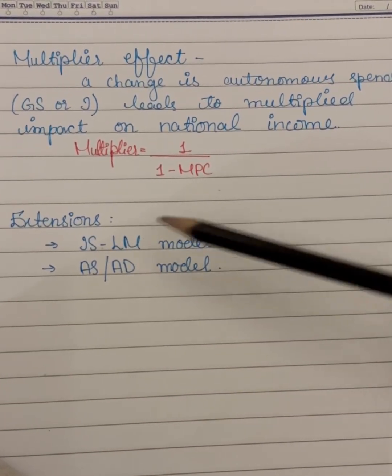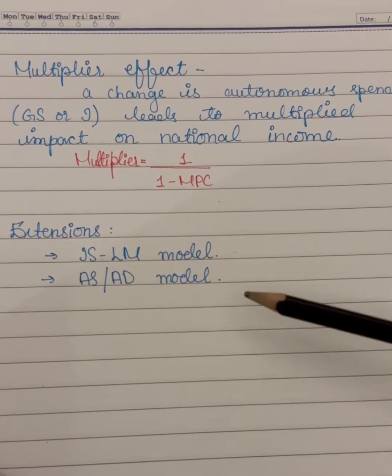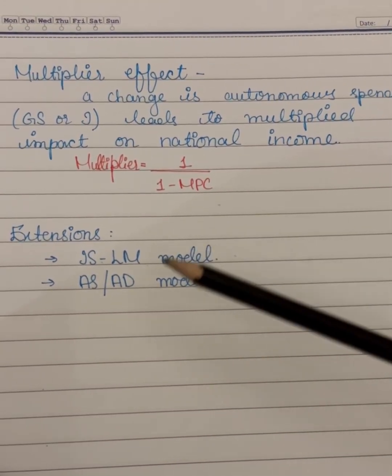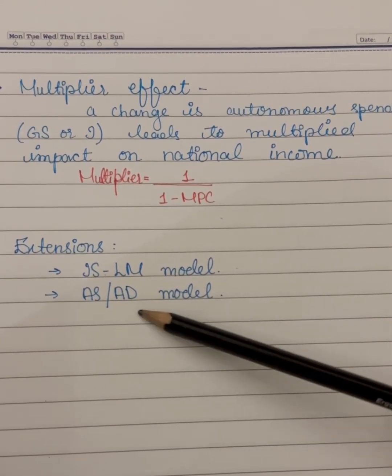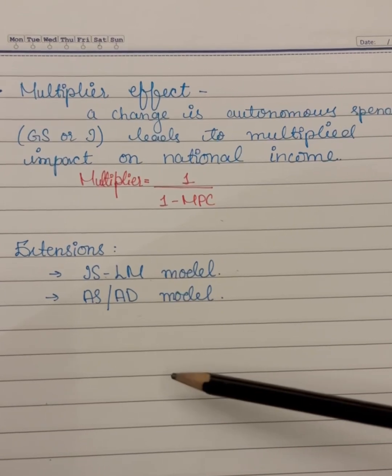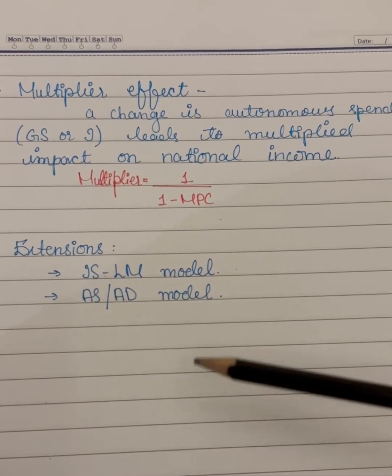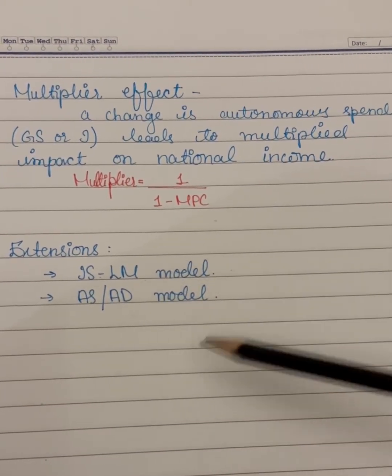Then we combine that with the LM curve, and that gives us the IS-LM model. Through the IS-LM model, we come up with the aggregate supply and aggregate demand model. So these are based mostly on the Keynesian cross, which is a very important and significant model that plays an important role in both these models.